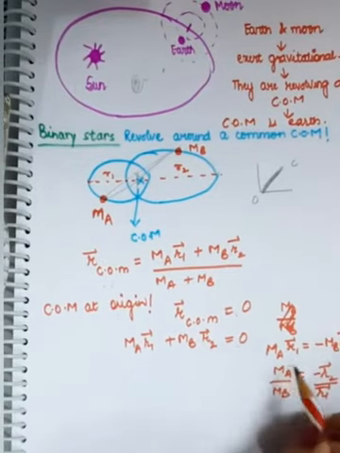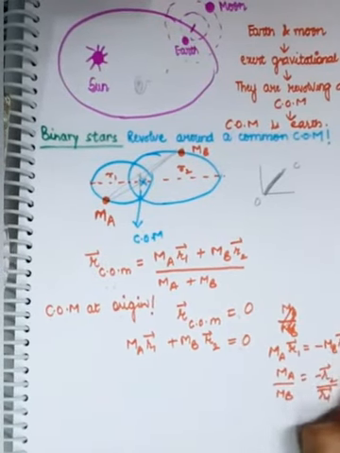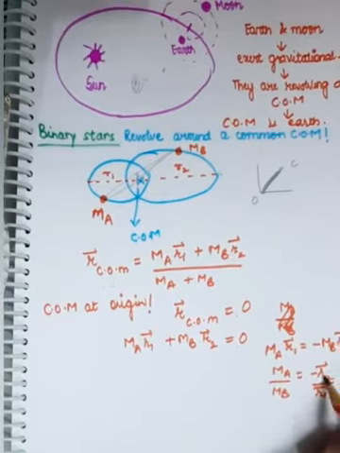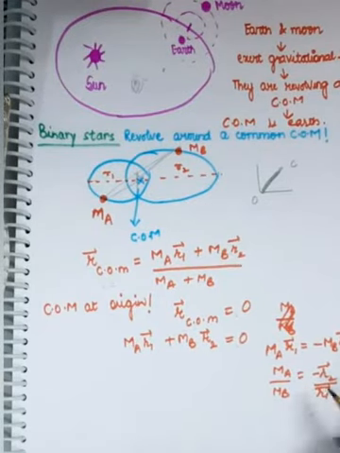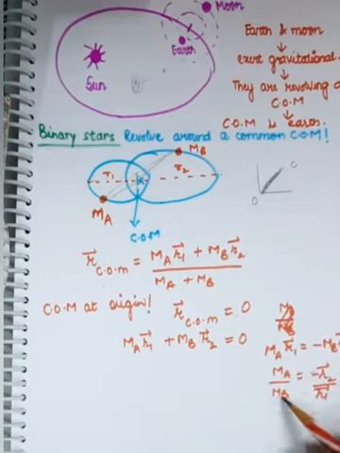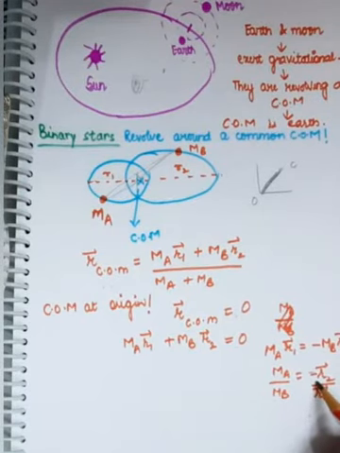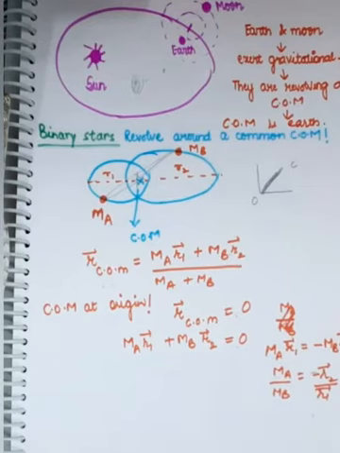And this becomes mA r1 minus mB r2, so mA upon mB equals minus r2 upon r1. So this means they are related with a negative sign to each other, which clearly indicates that binary stars are a formation which exert equal and opposite gravitational forces on each other, right? And this is a binary star formation.